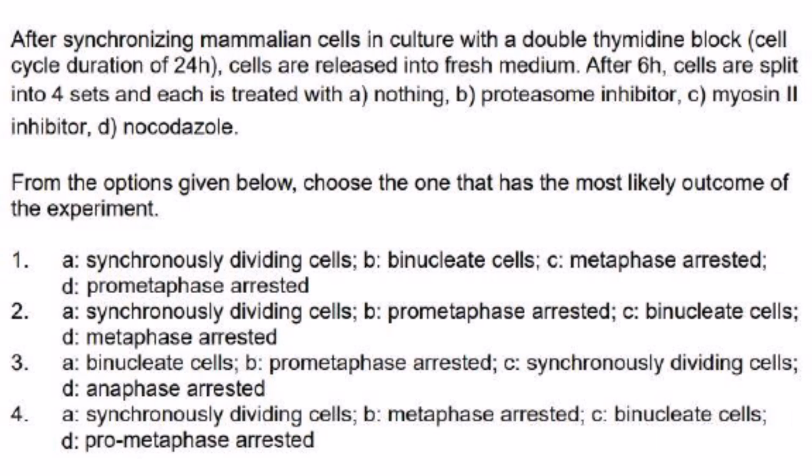Okay, that is why you apply this double thymidine block. Now what you do after that, after some time period, you will remove the block and thereby release the cells into a fresh medium.